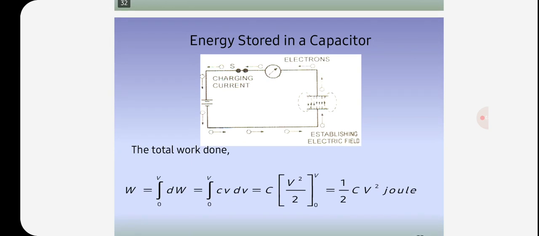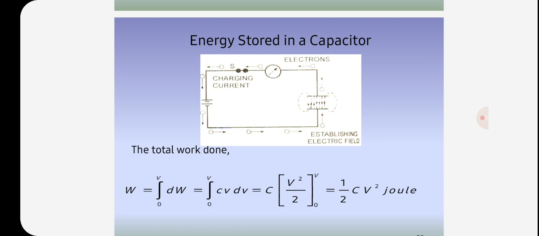So, the total work done W is equal to integral from 0 to V of dW, that is equal to integral from 0 to V of CV dV, that is equal to C times V square by 2 with limits 0 to V. After integration, that is equal to half CV square joule.